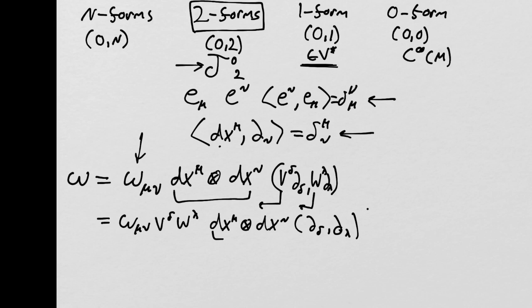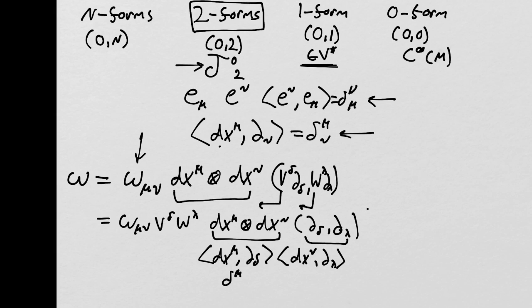And we know that this is a mapping, and we know exactly how that mapping works on the components of the dual basis. And so we can replace that right away with dx mu partial delta, dx nu partial lambda, and we know that that is delta mu delta and delta nu lambda.